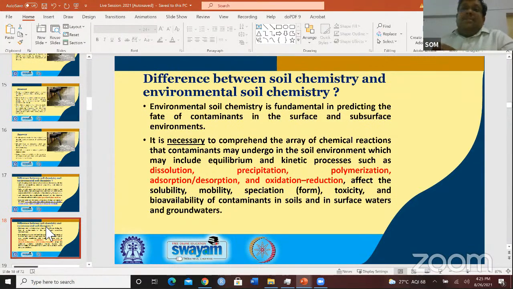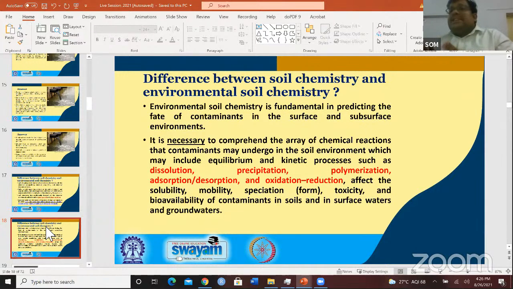It is also necessary to comprehend the array of chemical reactions that contaminants may undergo in the soil environment, which may include equilibrium and kinetic processes such as dissolution, precipitation, polymerization, adsorption, desorption, and oxidation reactions. All these 60 lectures will explicitly discuss these different processes involved in explaining the dynamics of environmental soil pollution.